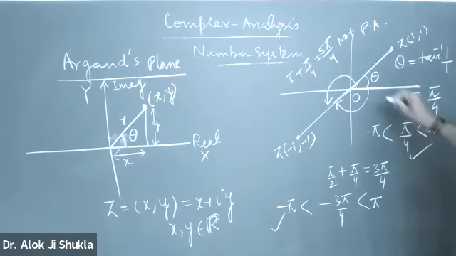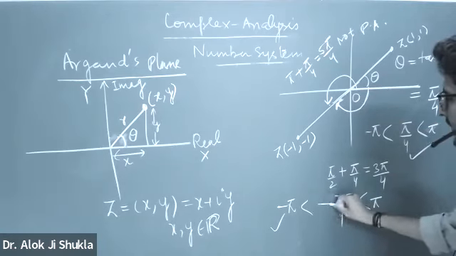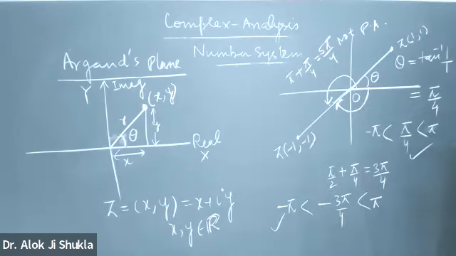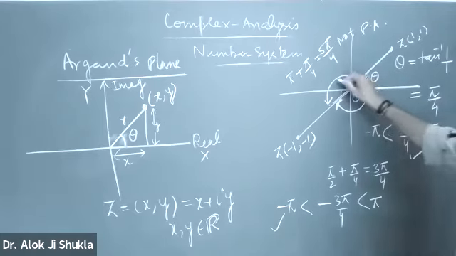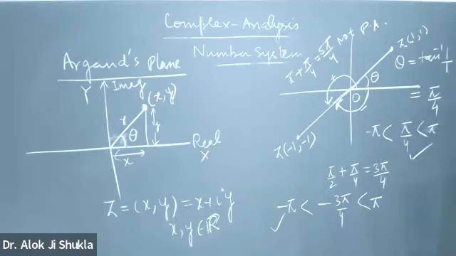Because I have gone clockwise, that's why I have taken the negative sign. क्लॉकवाइज जाने की वजह से मैंने negative sign ले लिया है. Because anti-clockwise is positive and clockwise is negative. So is this representation of argument clear?